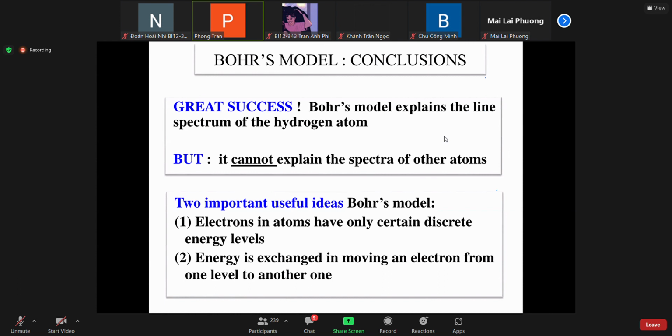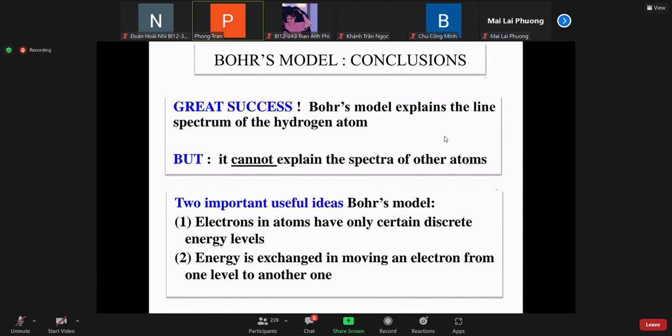We cannot explain the emission spectrum of other atoms like sodium. So people needed to improve the Bohr model again.